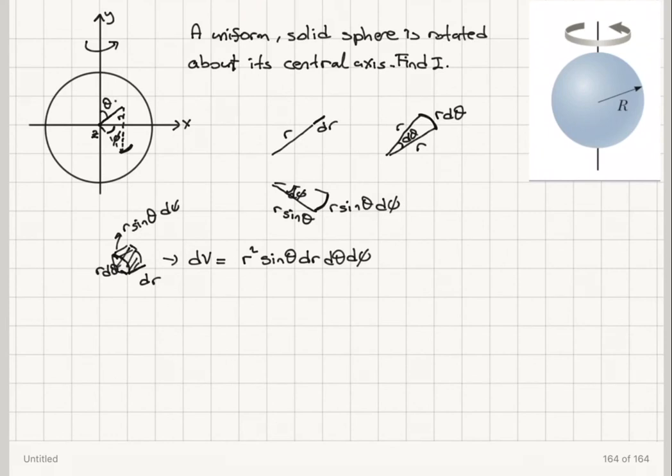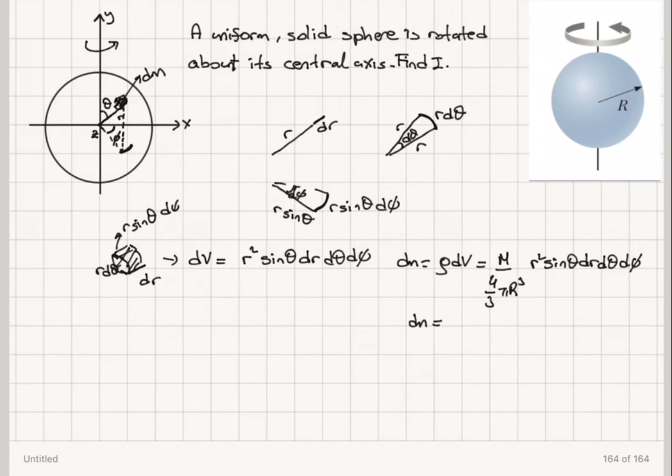Okay, so what is the mass of this element? That's what I'm calculating here, the mass of this element, dm. dm is rho dV. Because it's a uniform solid sphere, it is M divided by 4/3 pi R cubed, multiplied by the volume, r squared sine theta dr d theta d phi.